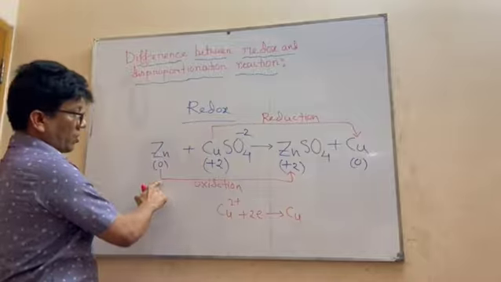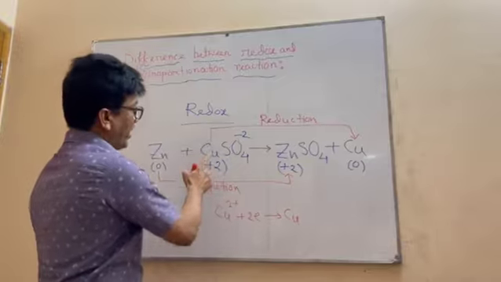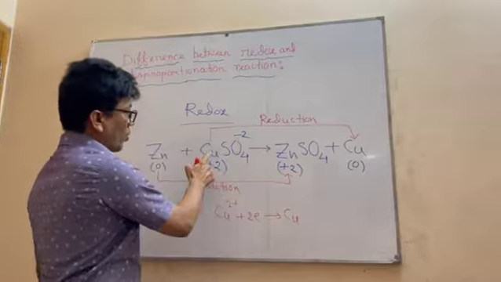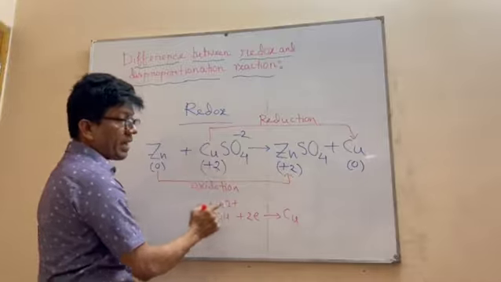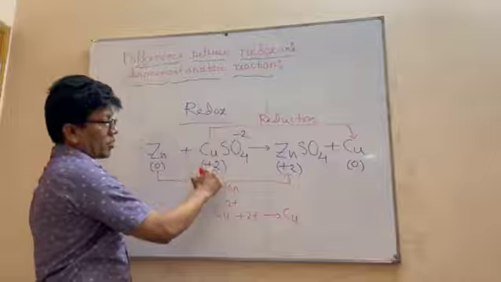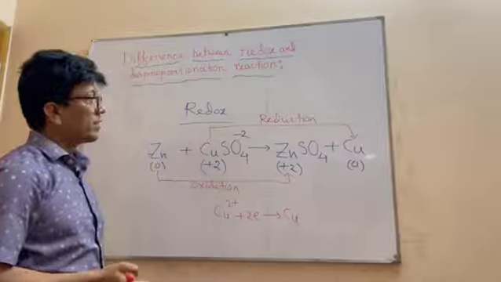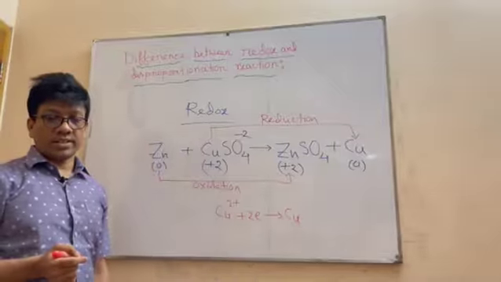So in this reaction zinc is oxidized 0 to +2, meaning zinc loses electrons, or you can write oxidation number of zinc increases 0 to +2, and copper 2 plus ion is reduced because copper 2 ion gains 2 electrons, or you can write because oxidation number of copper decreases +2 to 0. That's why this is a redox reaction.